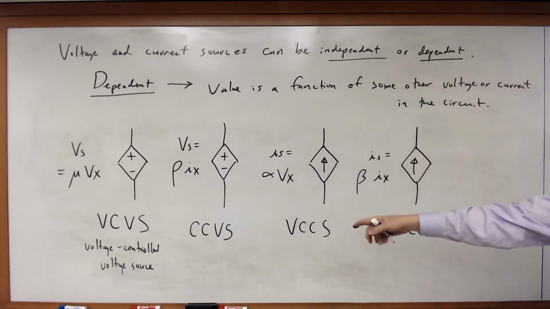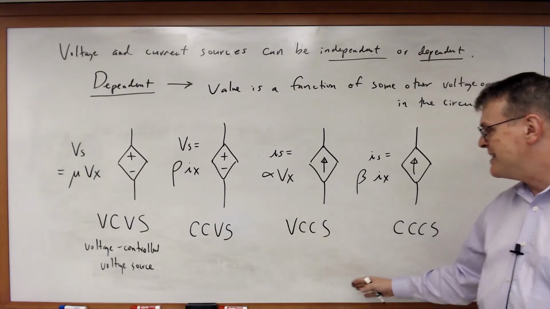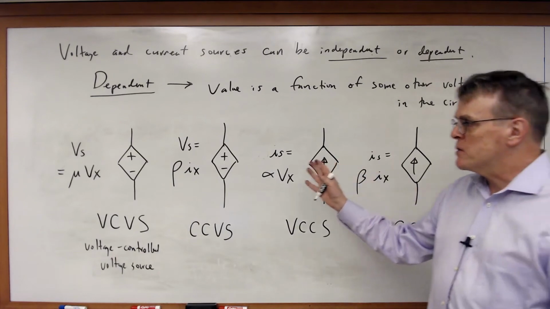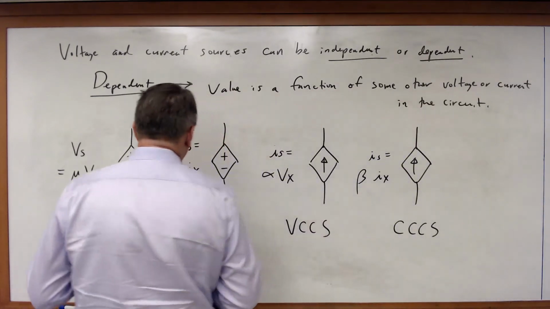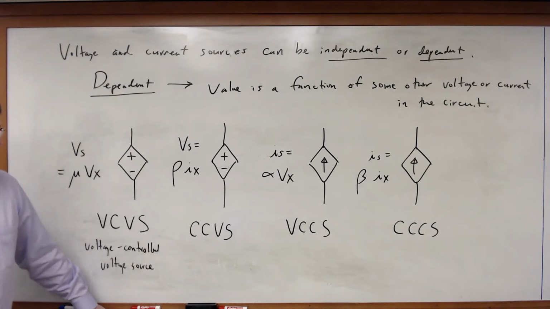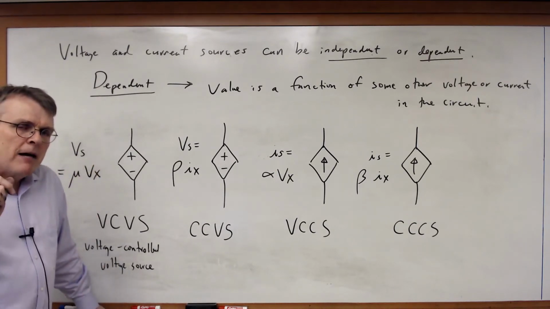So you'll see these definitions, VCVS, CCVS, VCCS, CCCS. Whether it's a dependent source that's a voltage or current, and whether it's defined by a voltage or current. So four possible combinations. Now, you've got to keep something in mind about the units.